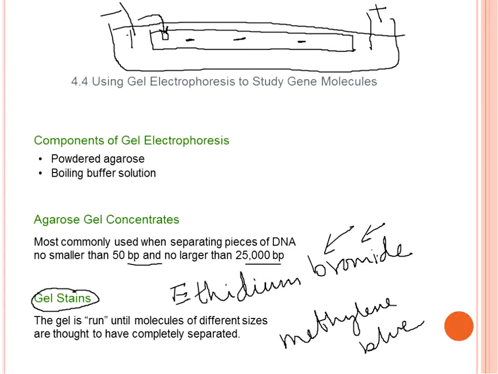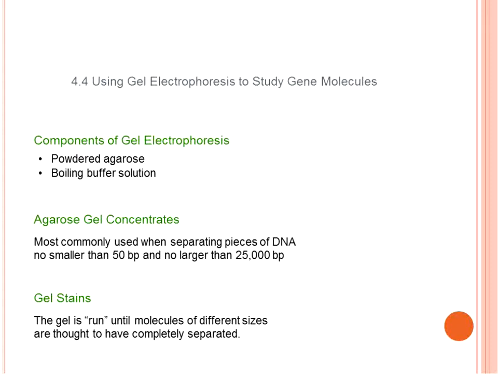Now, in the past we used to run the gel and then stain it, and ethidium bromide is kind of a nasty chemical that we don't really want to use in the lab.